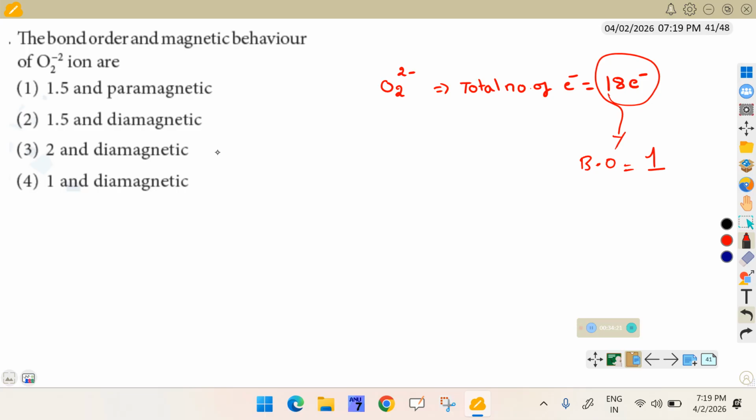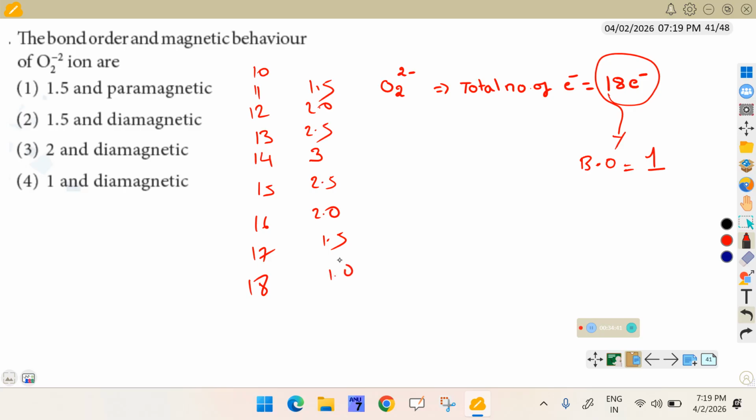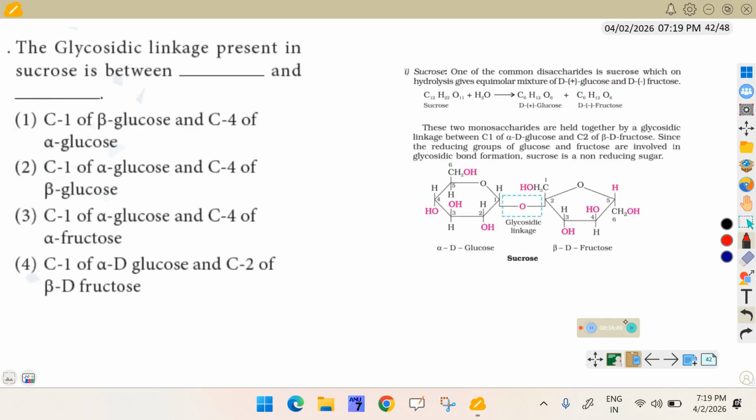Calculate the total number of electrons. 14 electrons, bond order value 3. 15 or 13 electrons, bond order value 2.5. 16 or 12 electrons, bond order value 2.0. 17 or 11 electrons, bond order value 1.5. 18 or 10 electrons, bond order value 1.0. So bond order value is 1. Even number of electrons, diamagnetic.